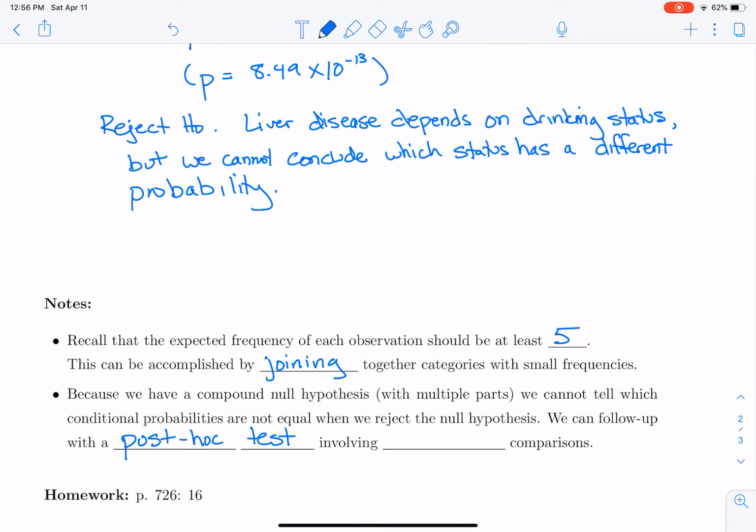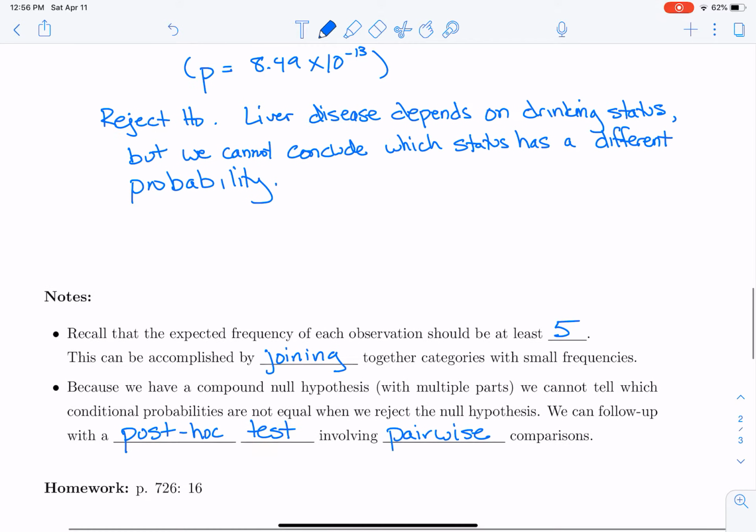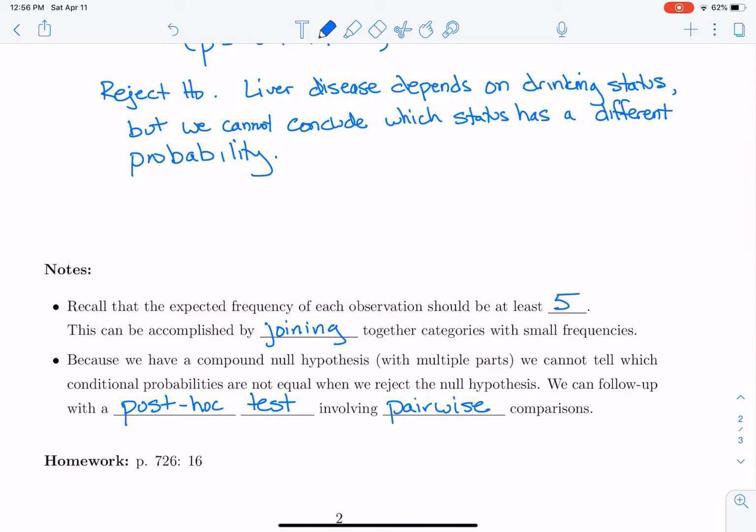Those involve simultaneous or pairwise comparisons. So you can use something like the Bonferroni method. You just need to have a component-wise error that's smaller than our experiment-wise error. You can run these with 2x2 contingency tables if you want. I highly recommend that you do.